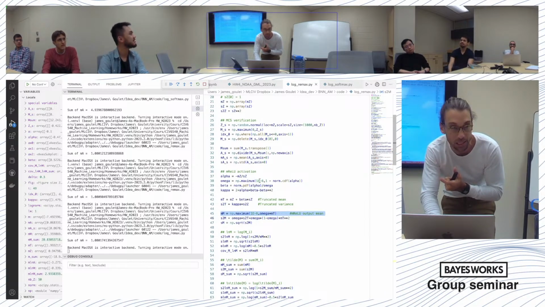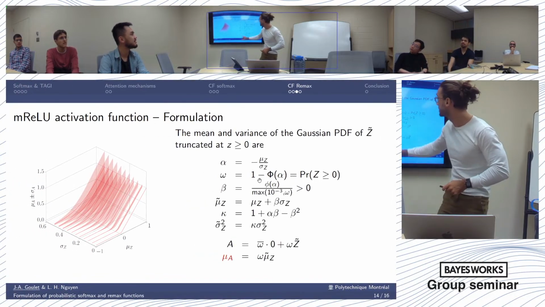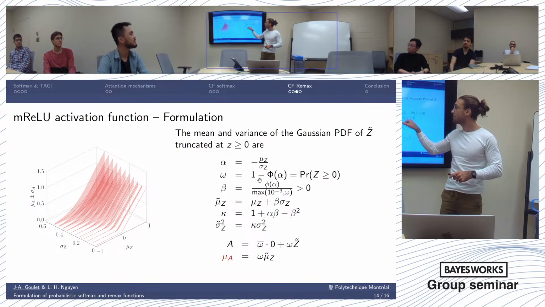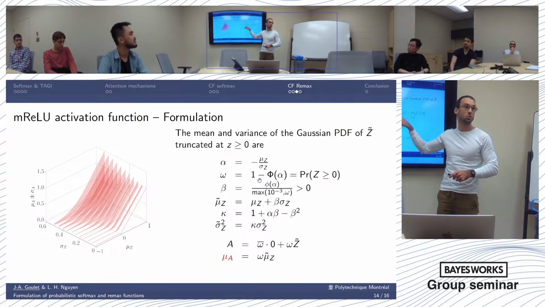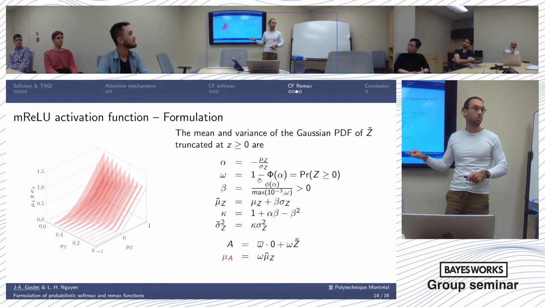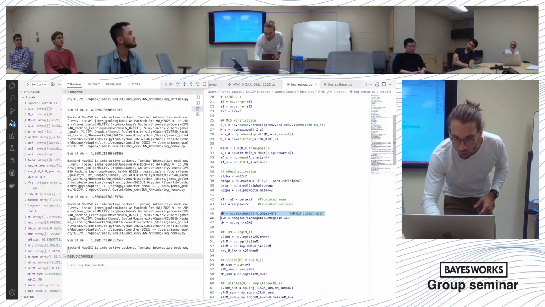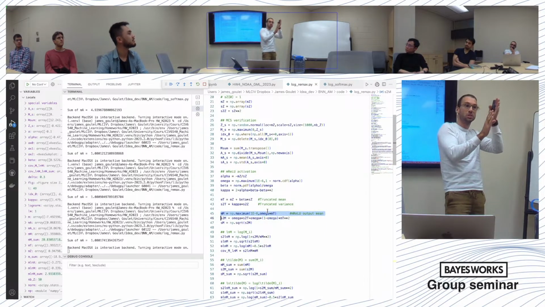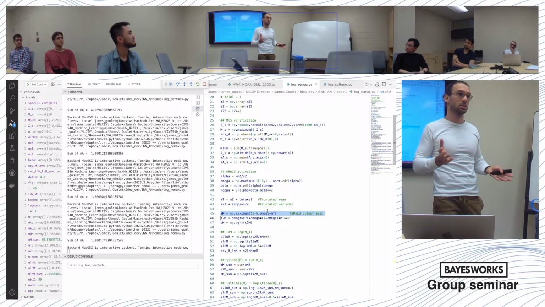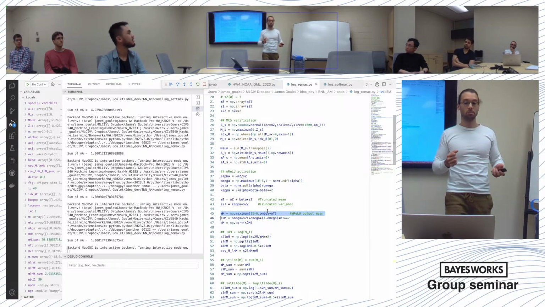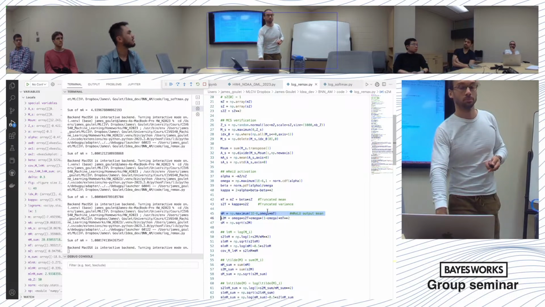The first one is already there. Because if omega, the probability, gets too small, it's going to get 0 and you're going to have a division by 0. So it's just to prevent a division by 0. I even lower it to 10 to the minus 6. The second one is just to say that if the value goes negative, use e to the minus 6. Okay, but it's a good comment.